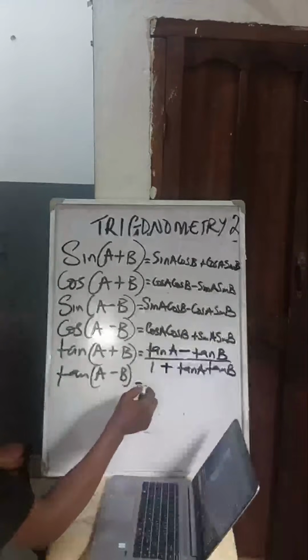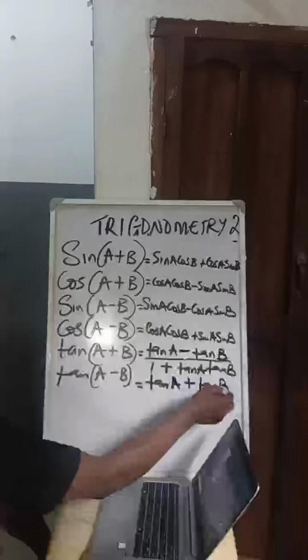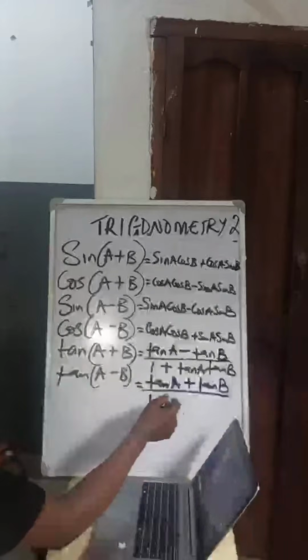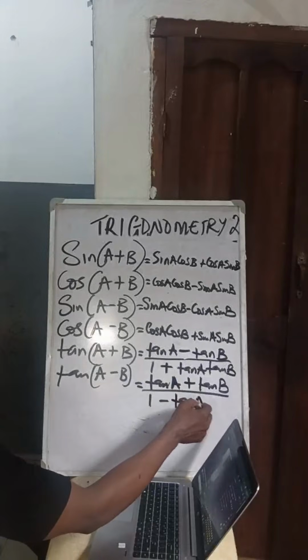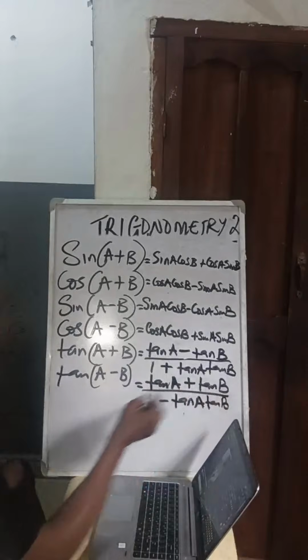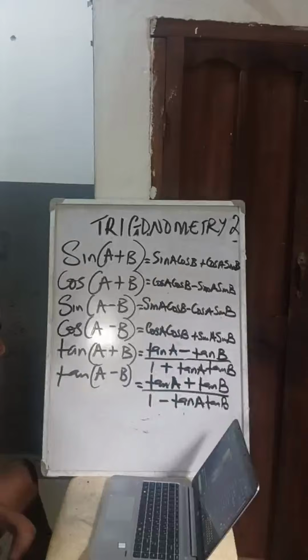Okay. Then here, tan A plus tan B all over 1 minus tan A tan B. So this is the major thing we need to learn today.